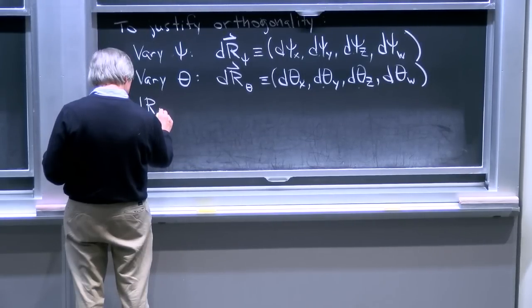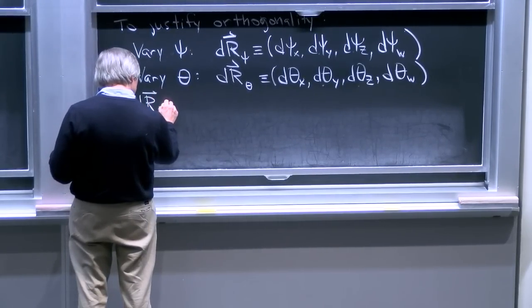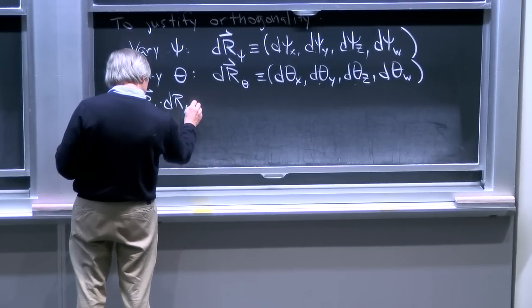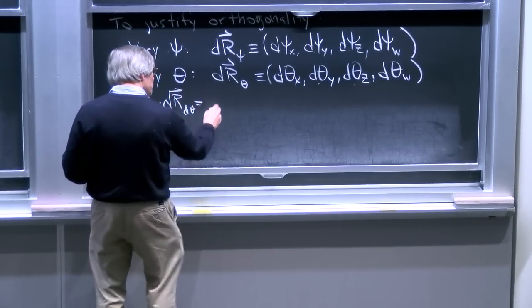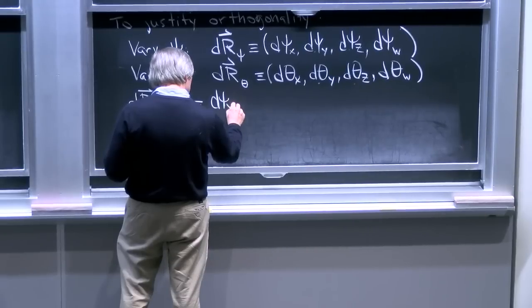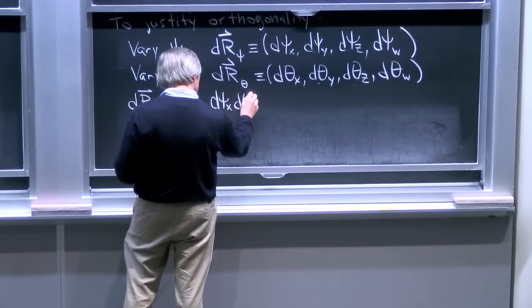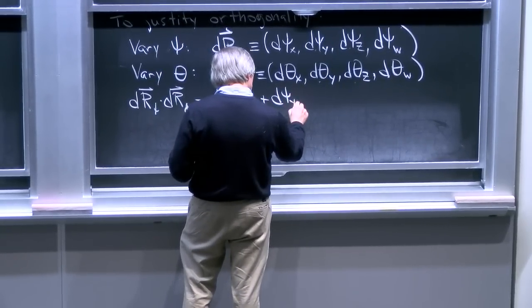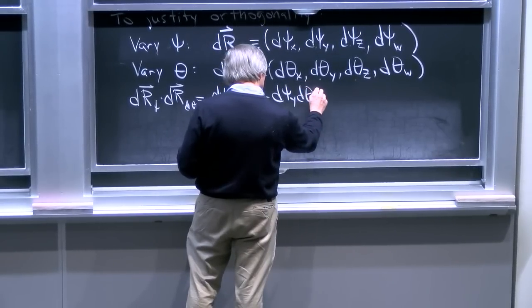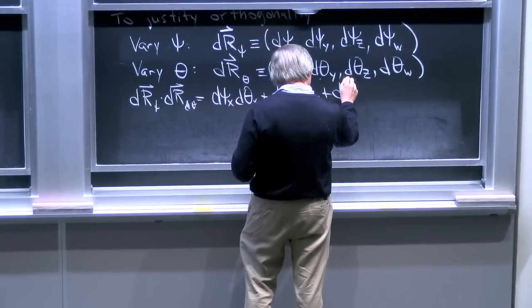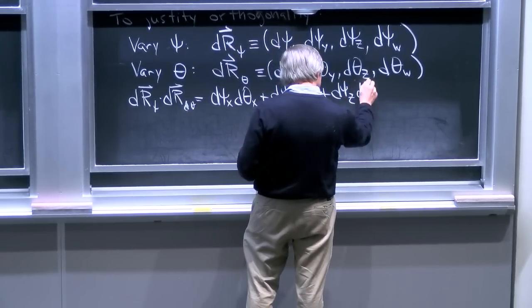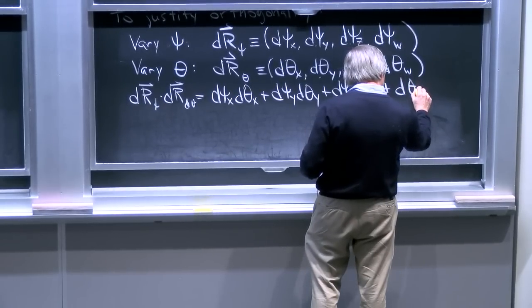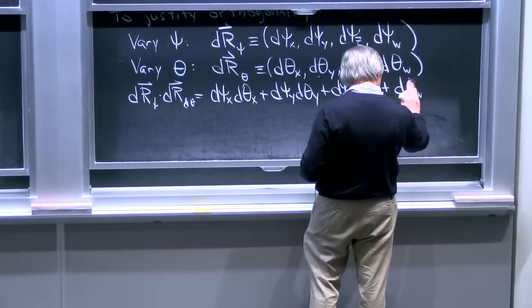So this actually is now a fact about Euclidean geometry in 4 dimensions. The dot product of these 2 vectors is just equal to the product of their x components plus the product of their y components plus the product of their z components plus the product of their w components.